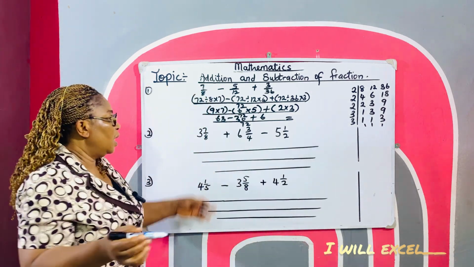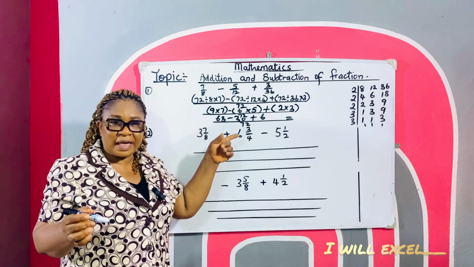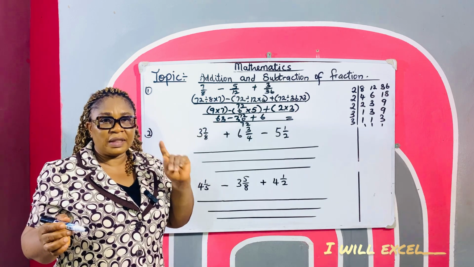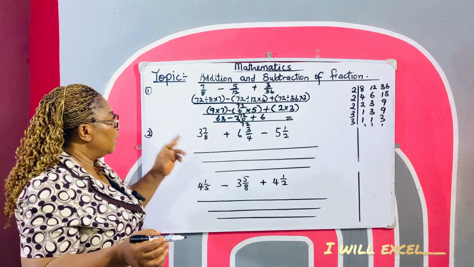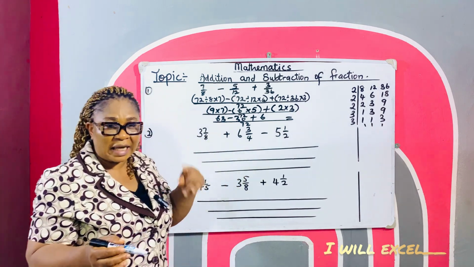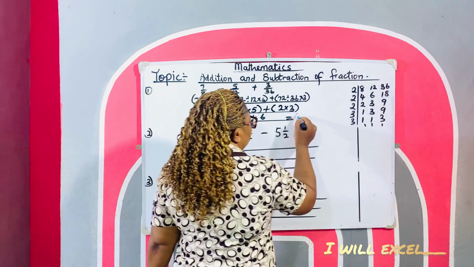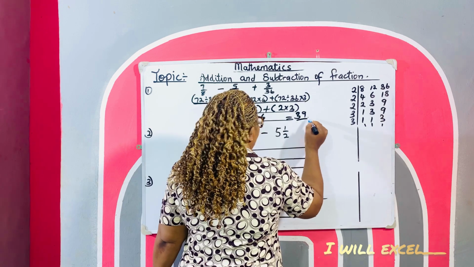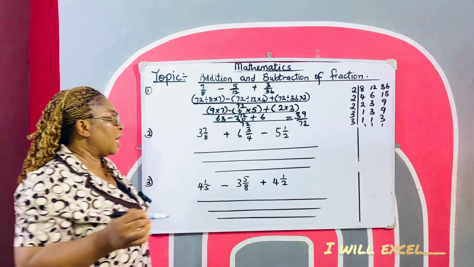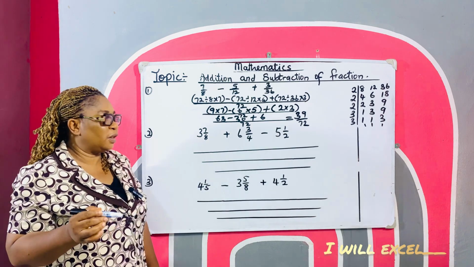So 63 minus 30 will give you 33. Okay. 33 plus 6 will give you 39. 39 over 72.